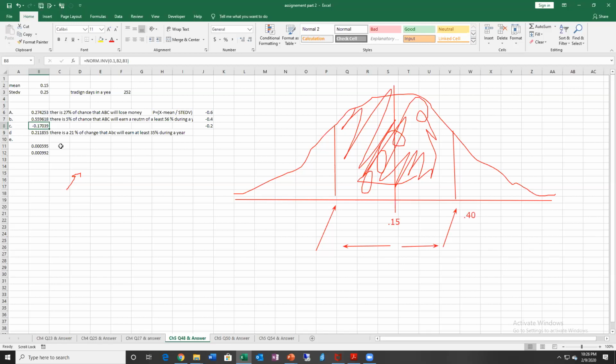What's the other side? The other side will be minus, so it will be 0.15 minus 0.25. I need a calculator right now. So it will be negative 0.1. Correct. So that's a negative 0.1, right?